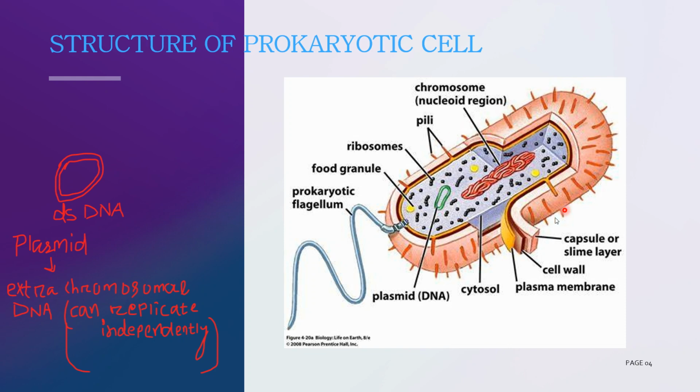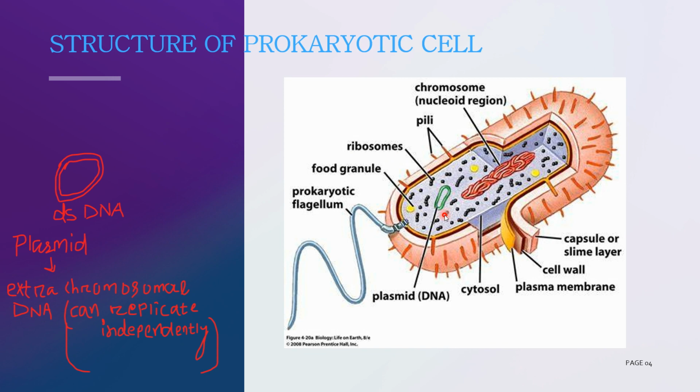These are the pili. And this is the ribosomes, and this is food granules. This is the prokaryotic flagellum. We'll study the function of pili, the function of flagellum, what ribosomes are, and what food granules are.